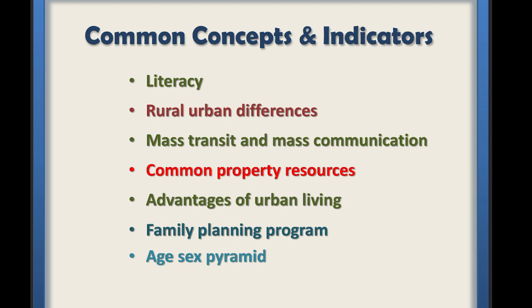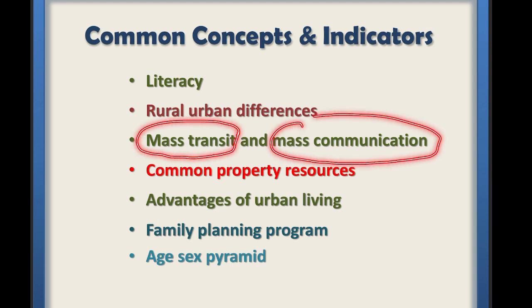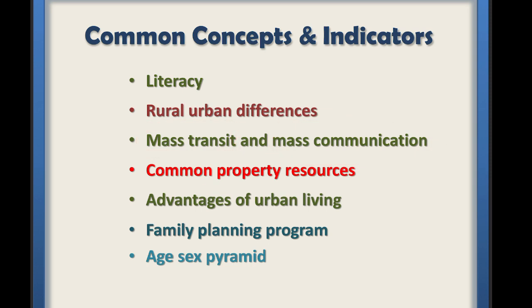Two important terms that you should be aware of are mass transit and mass communication, and these two help bridge the gap between rural and urban areas. How? Well, mass transit means that there is a movement of people through improved transportation, and mass communication has helped create an awareness amongst the ruralites.